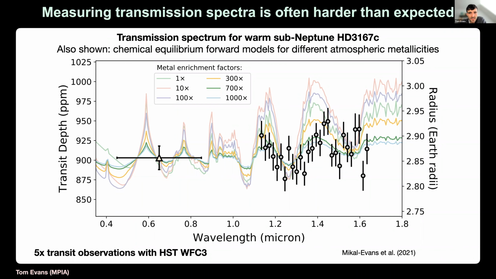But even in this case, we were only able to make a tentative 2.5 sigma detection of molecular absorption, and we weren't able to unambiguously identify the absorbing species. So right now with Hubble, we're currently struggling to detect atmospheric features in the transmission spectra of gas-rich sub-Neptunes in general. And is JWST really going to be such a leap forward that we can start characterizing temperate Earth-like planets?